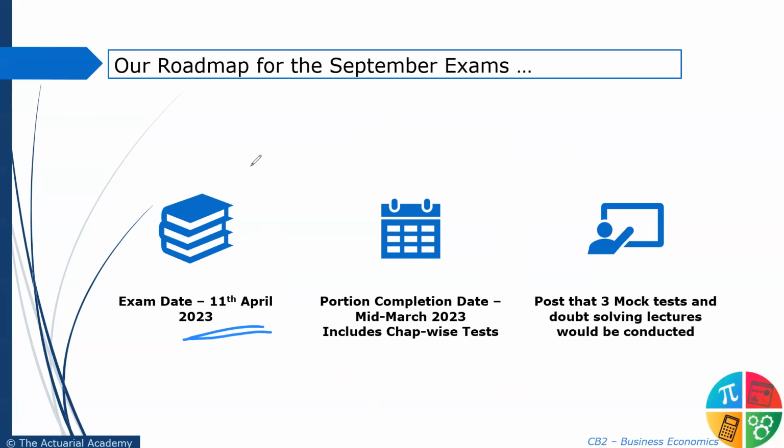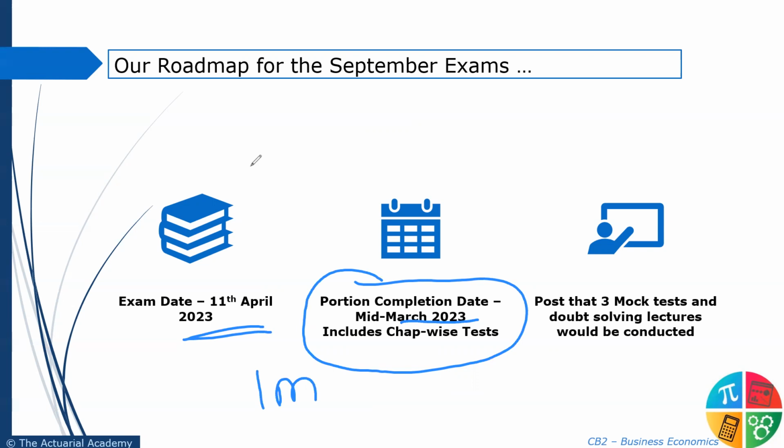But still, if due to some reason some of my students lag, let's say because of exams or college exams or issues at work, I'll ensure that every one of my students completes the portion by mid-March 2023, giving him or her enough time, almost 1 month, for complete revision, complete MCQ solving, past paper solving, and trying to focus on strengths and weaknesses.